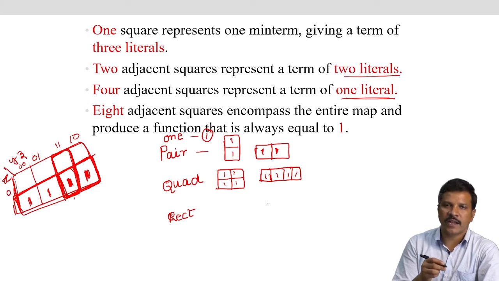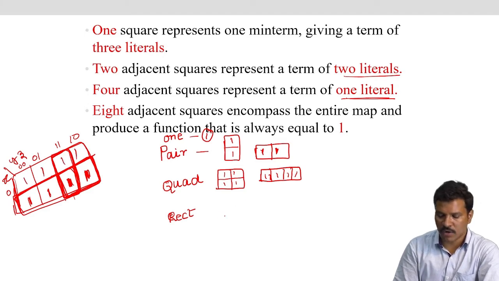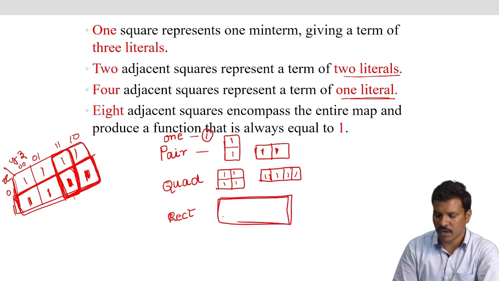Suppose a 3 variable K map has all ones in the 8 boxes. When it has all ones, these 8 ones can be represented with a rectangular shape. Always rectangular, it's not a square, always rectangular. So all ones are there.